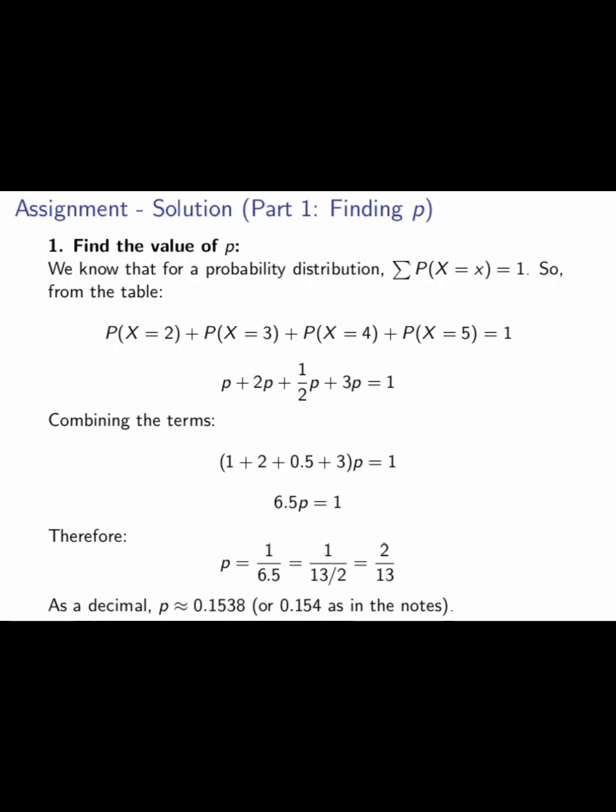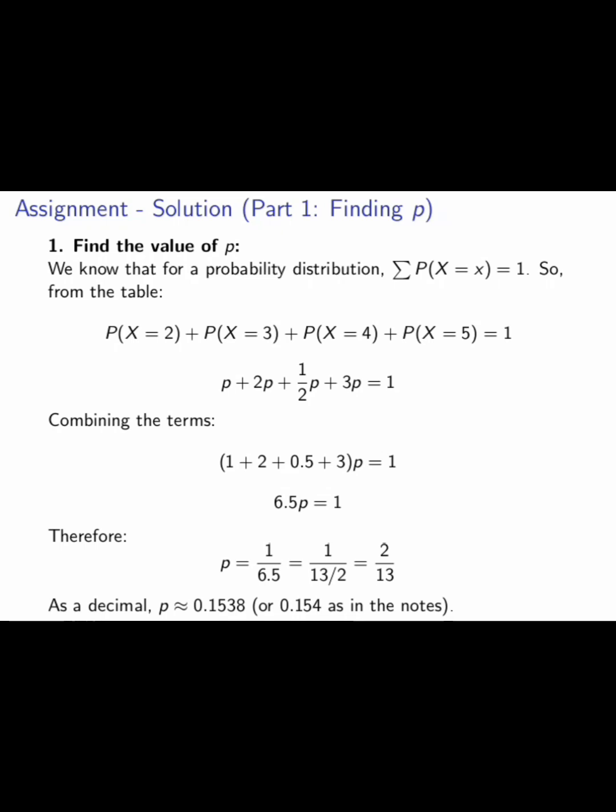Are you getting me? Now if you add all of the probabilities for x equals 2, x equals 3, x equals 4, x equals 5, and you equate it to 1, you add everything together and have 6.5p equals 1. Make p the subject of the formula, which is 2 over 13. So that's the value of p.